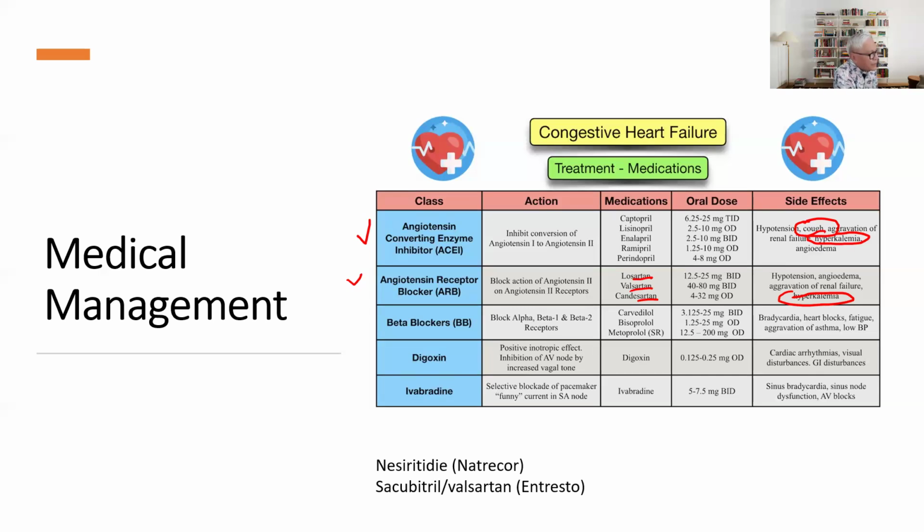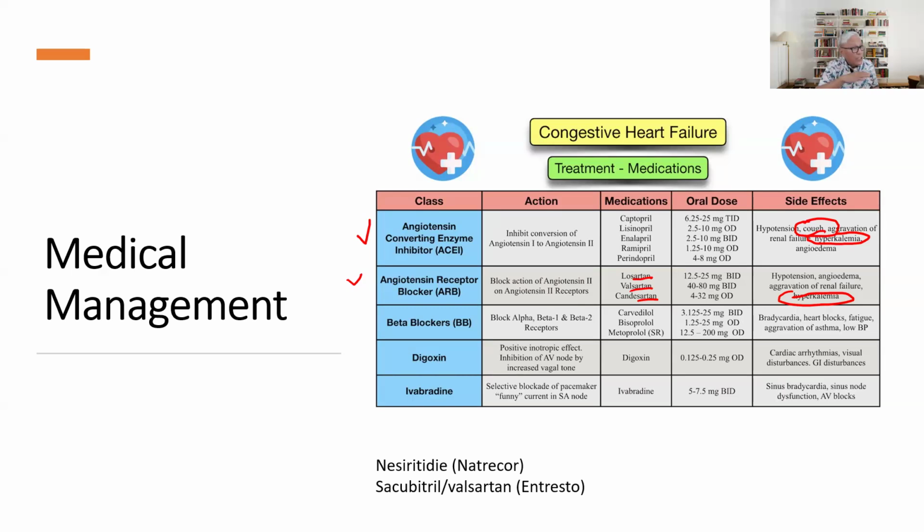Okay, so the other ways in which we could actually manage patients with heart failure is to use beta blockers. And this is going to block the effects of the sympathetic nervous system. So you remember that the sympathetic nervous system is activated along with the renin-angiotensin-aldosterone system.